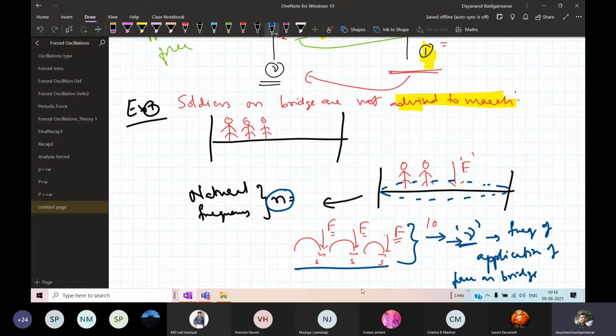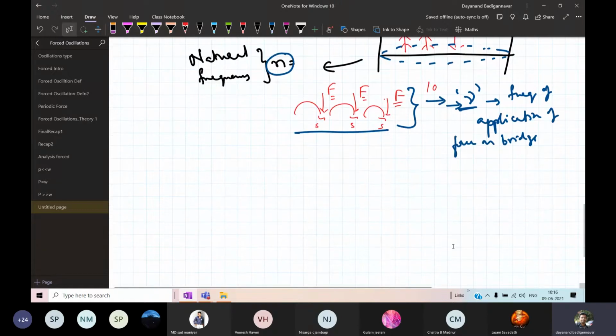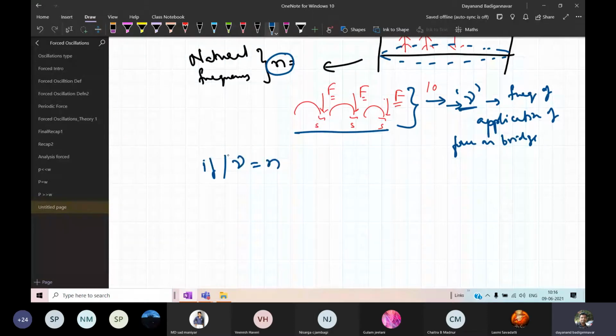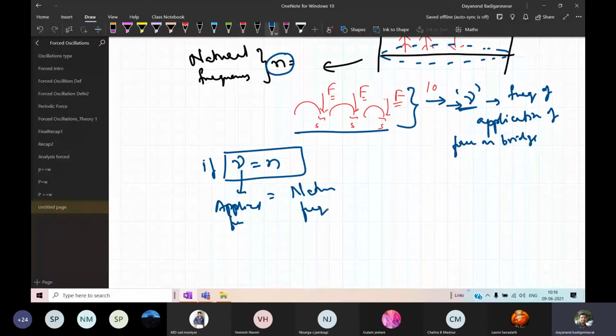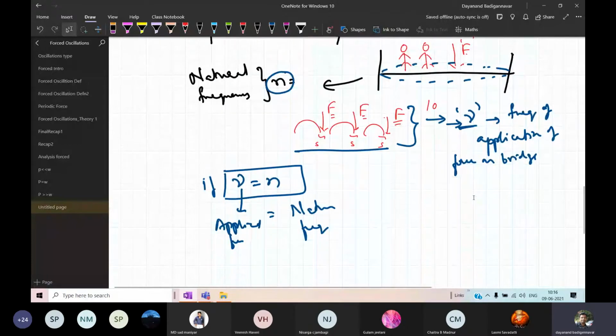Suppose mu is equal to n. If mu is equal to n, it means the applied frequency matches with the natural frequency. The bridge will start to oscillate or vibrate in a very large amplitude.